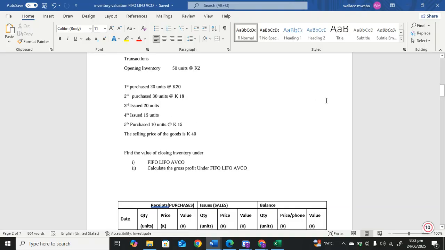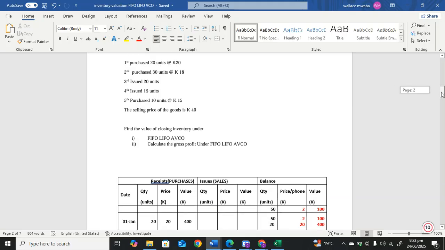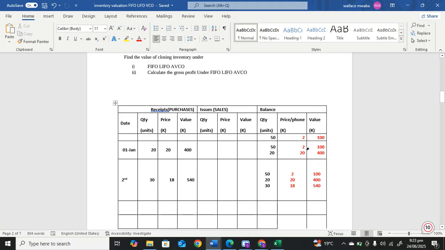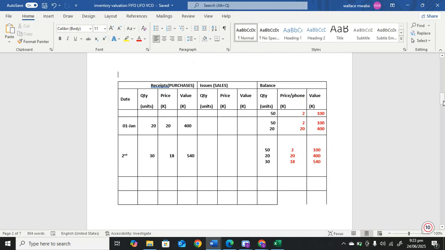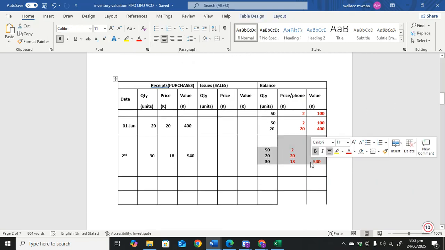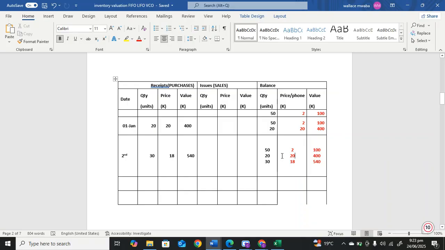So here, pay attention, this is where the FIFO is now going to apply. We've issued 20 units. So we're going to come to this batch of inventory and see which one came in first, or which one was there first.